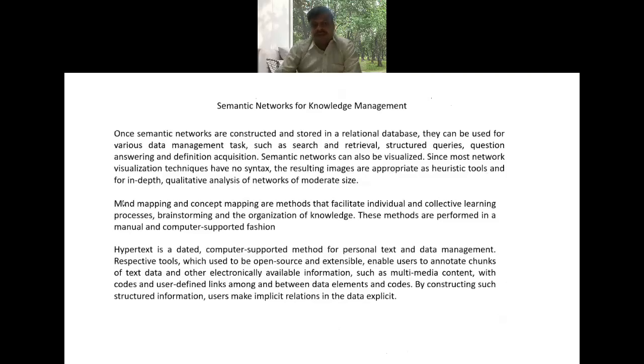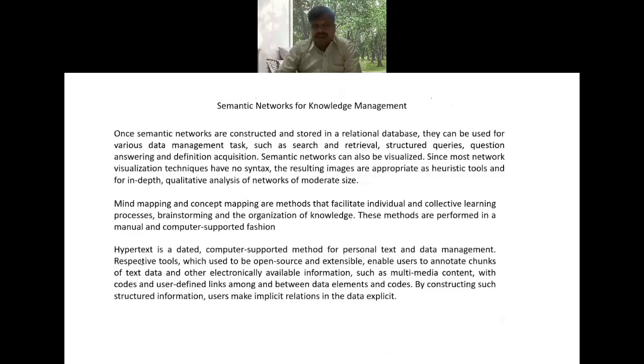So here, coming to semantic networks, mind mapping and concept mapping are methods that facilitate individual and collective learning processes, brainstorming, and the organization of knowledge, etc. These methods are performed in manual and computer supported fashion.